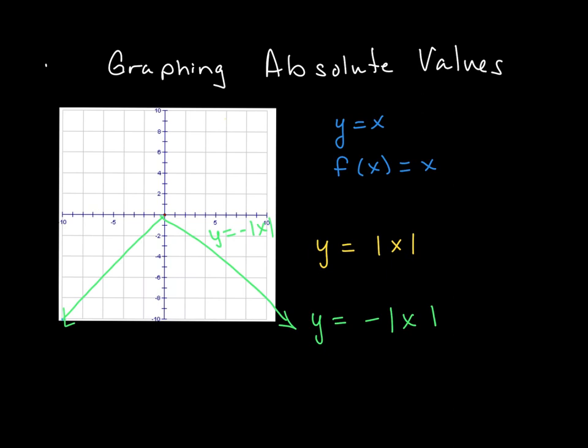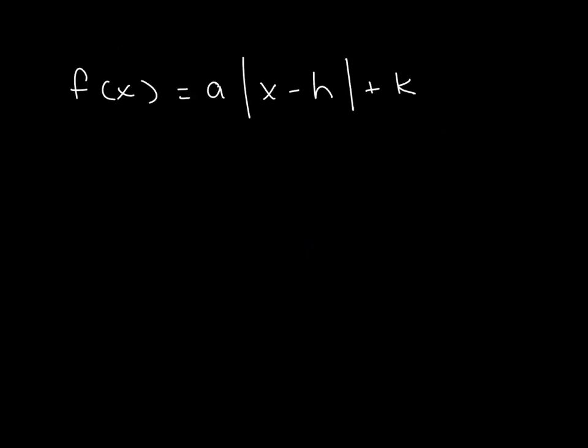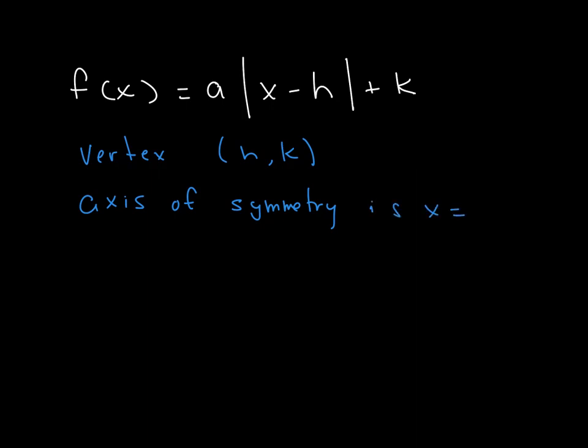Let's go ahead and review them quickly. All right, a couple things to know about this. Whenever you have a graph that is in this form, the vertex will be (h, k). The axis of symmetry is x is equal to h.